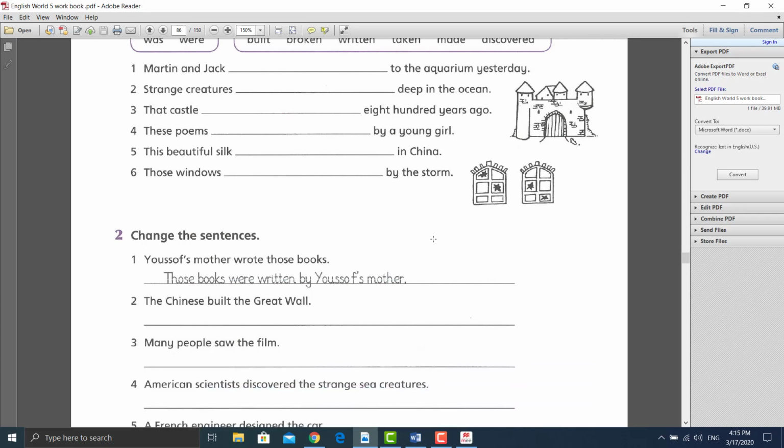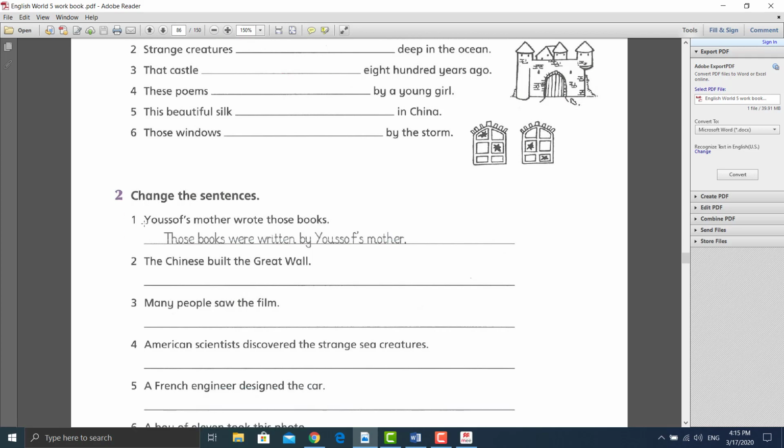Okay, let's move to the second question, which is change the sentences. Let's read the model. Yusuf's mother wrote those books. What type of sentence is it? Yes, very good. This is an active sentence because it starts with a subject. What's the tense? Yes, this is past.